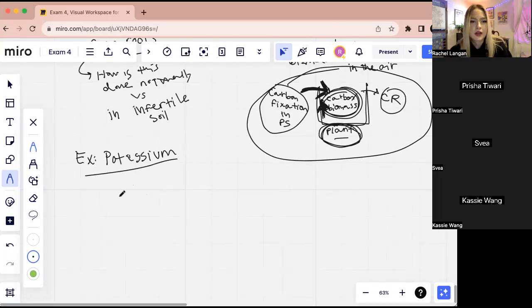So if there are just normal amounts of potassium in the soil versus the root cell, I'm just going to put some numbers on this because I think it would be good practice for everyone.